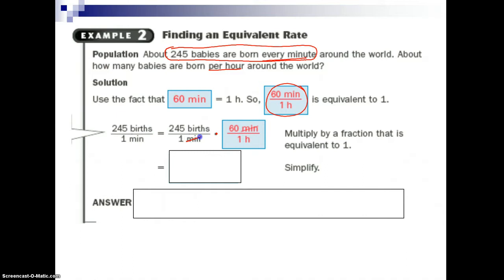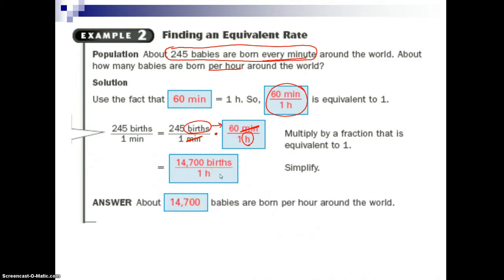We can divide out the common units, that's our labels, our minutes, when there's 1 in the numerator, 1 in the denominator. Now we just multiply straight across. 245 times 60 is 14,700 births in, well, 1 times 1 is 1, and we keep the hours. Just like we kept the births, we keep the hours. There is our equivalent rate.